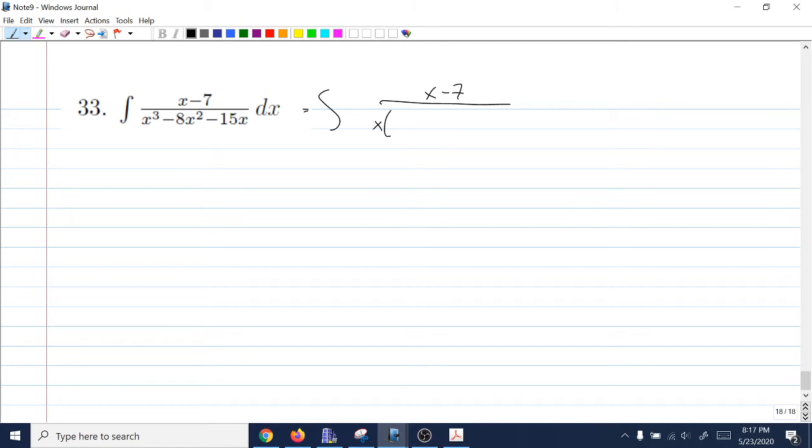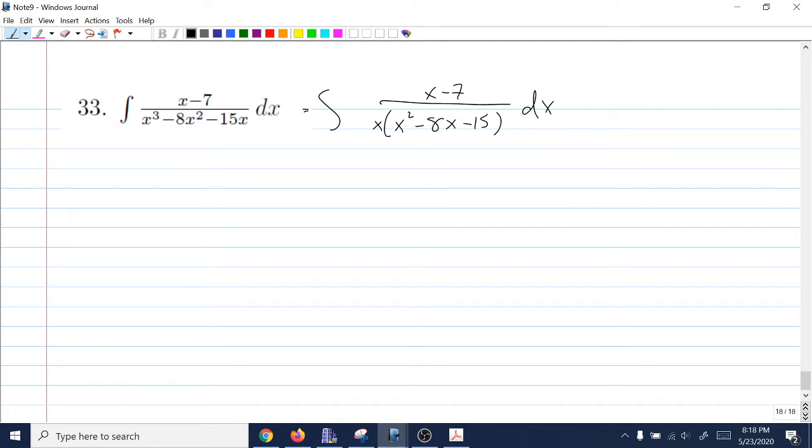I want numbers that multiply to give negative 15 and add to give negative 8. Oh, these don't. It looks like it should be 5 and 3, but it's not. That would be negative 5 and positive 3, which would be minus 2, not minus 8. This is just x squared minus 8x minus 15. Nope, doesn't factor. Okay. Looks like I'm going to be completing the square.